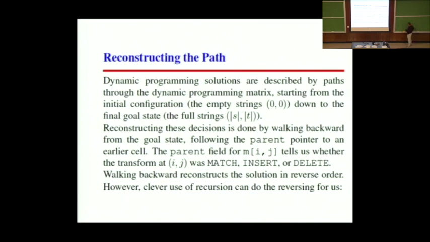So if I give you an n by m dynamic programming matrix, and I ask you to follow back the parent pointers for an edit distance, how much time will it take to follow the parent pointers back? Oh, n?